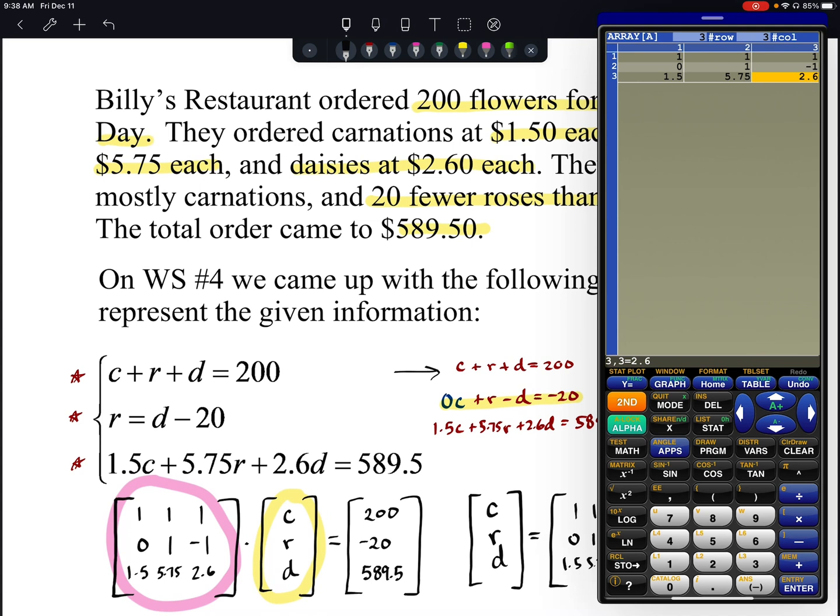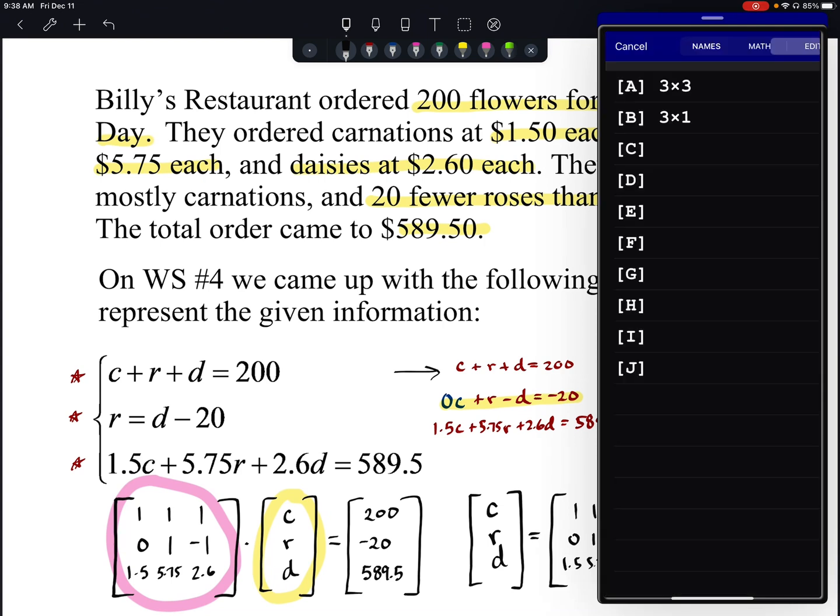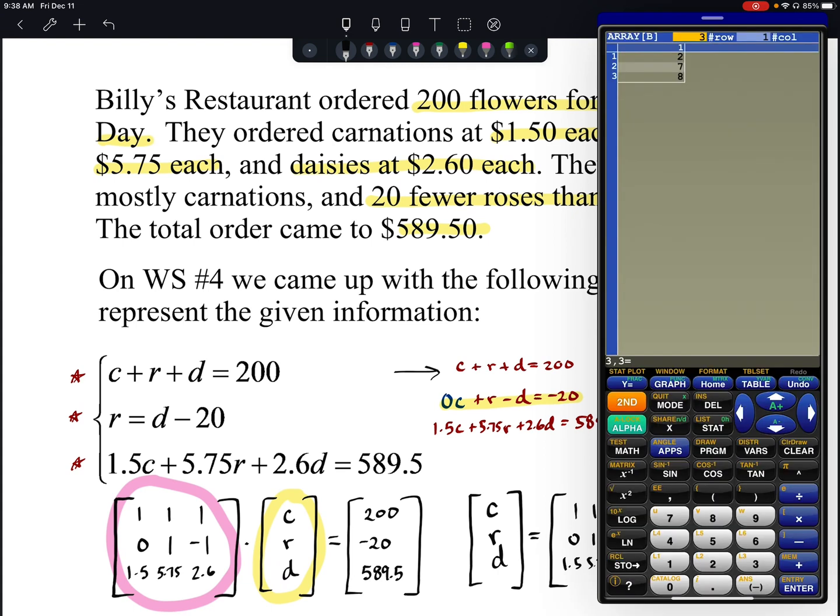And we also need to go in and enter our last matrix. So we'll go back into our matrix menu. Let's go to edit again, and let's go to B. And it looks like we would have a 200, negative 20, and 589.5.